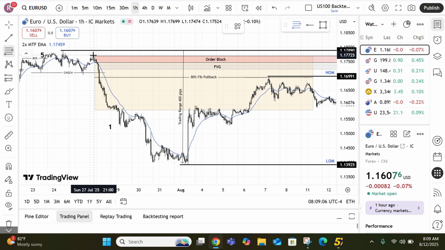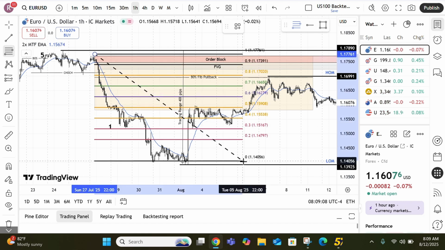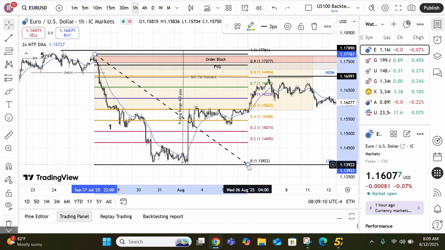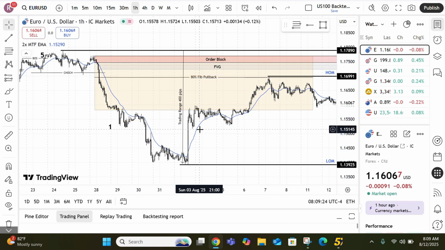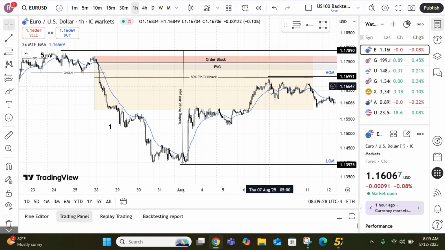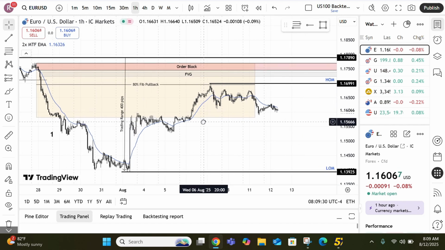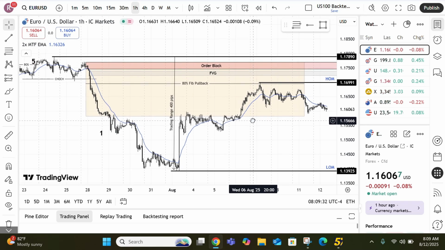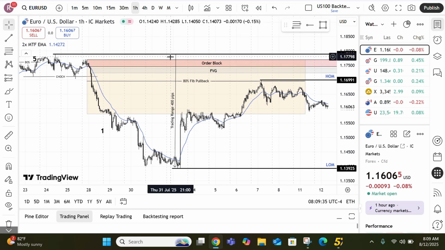In my manual strategy, I would have waited for price to reach that orange box, right, which is right on this 50% pullback here, and this is where the orange box marks 50 to 100% pullback. Okay, in my manual strategy, I would have waited for price to pull back to this orange box and then to try to get a sell position because I'm only trading in alignment with the overall trend.